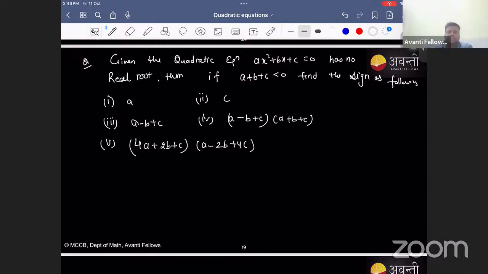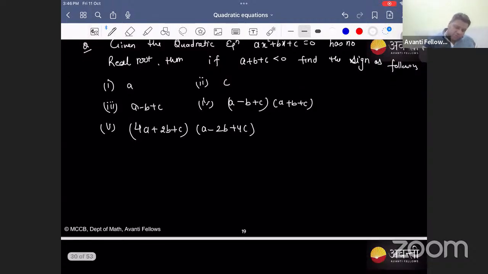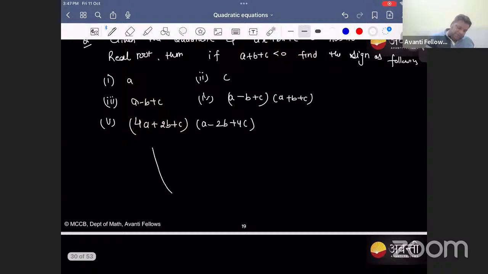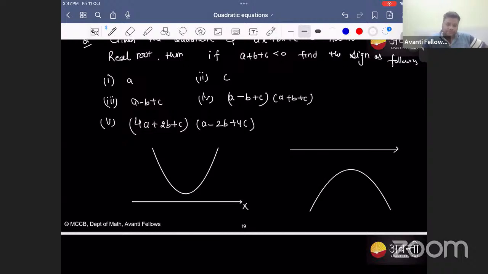See, how do we do it? They are saying that the quadratic equation has no real root. If it has no real root, that means graph is either like this, so that this is x-axis, or it is like this, so that it is x-axis. Got it?